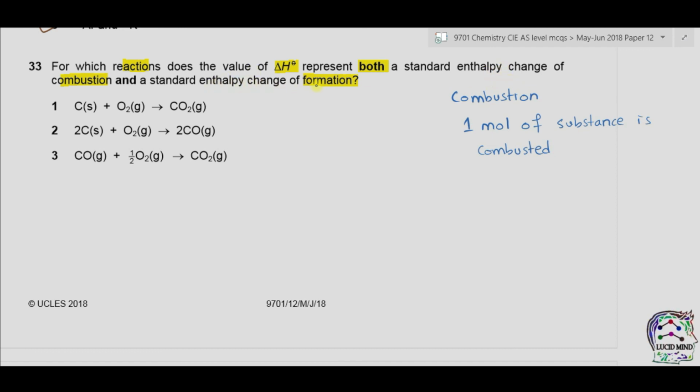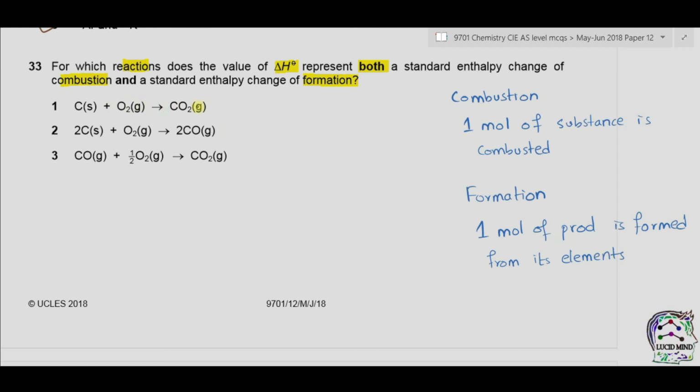In standard enthalpy change of formation, we can say that it is the enthalpy change when 1 mole of product is formed from its elements in standard states under standard conditions.